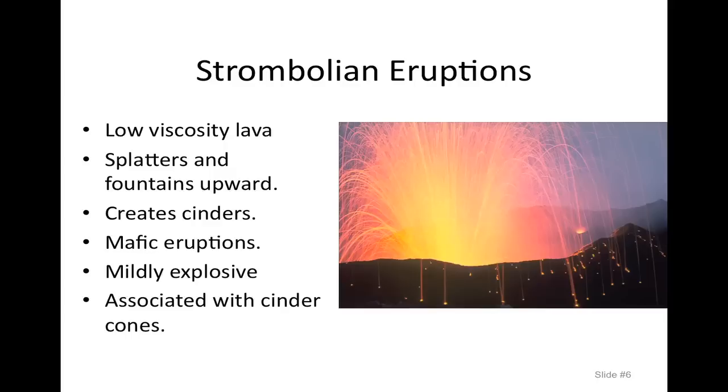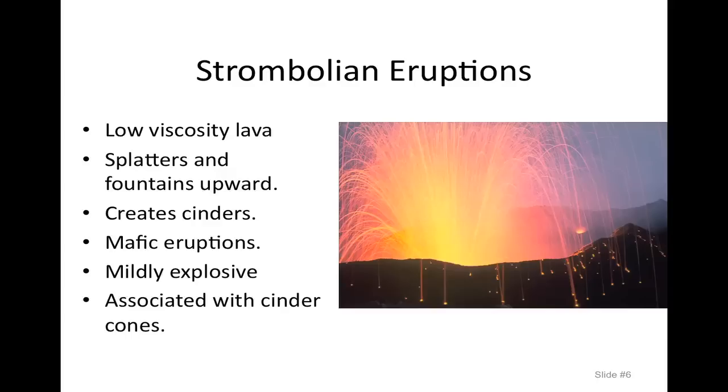But if you stood next to a strombolian eruption and placed it next to something like a Vulcanian or a Plinian eruption, they're night and day different. So when I say that this is still kind of a mildly explosive event, I'm comparing to something that's much larger that could occur in a volcano. This kind of eruption just fountains and spatters, and it creates cinders.